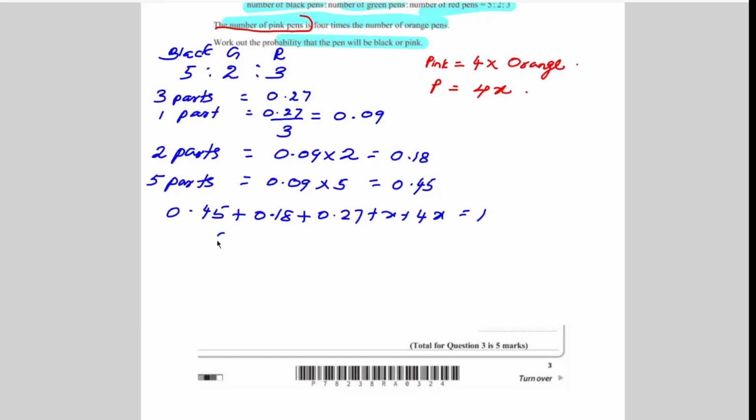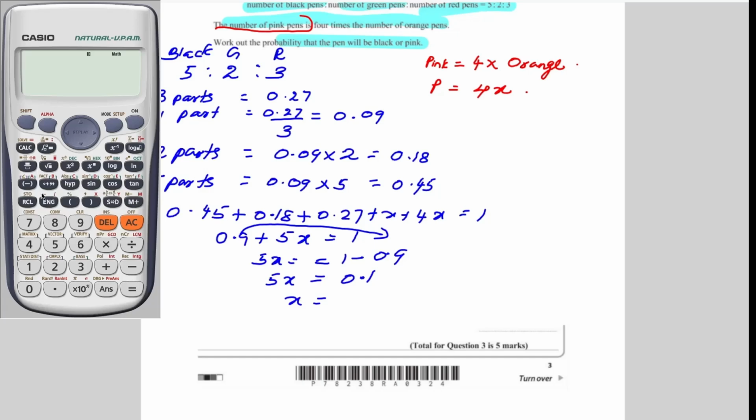So 0.9 plus x plus 4x, 5x, equals 1. When 0.9 goes to this side, 1 minus 0.9 becomes 0.1. Then x will be 0.1 divided by 5, which gives 0.02.